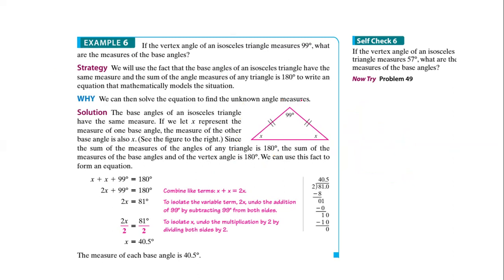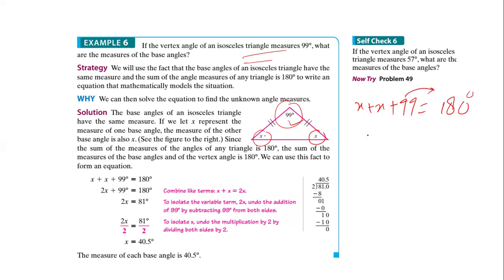In this problem, the vertex angle is given, and the other two you have to find. So this x plus x plus 99, the third one is 99. Its sum will be 180 degrees.